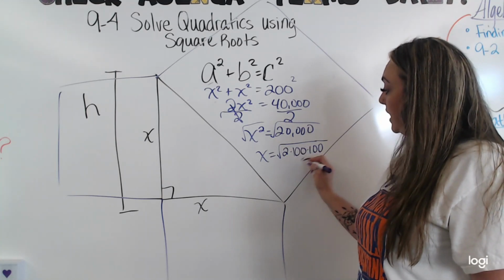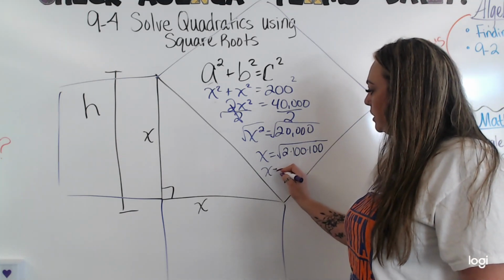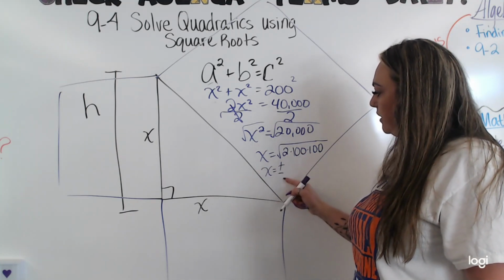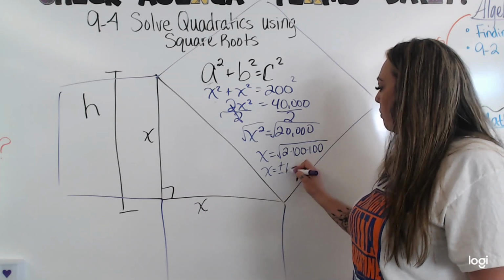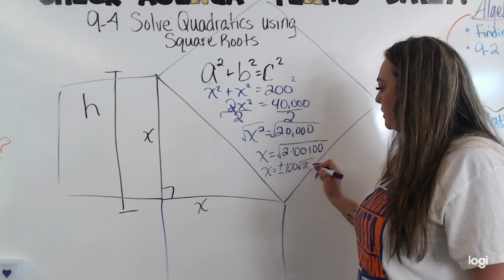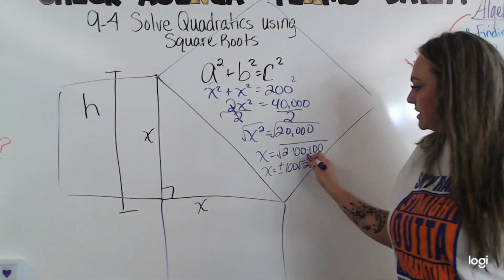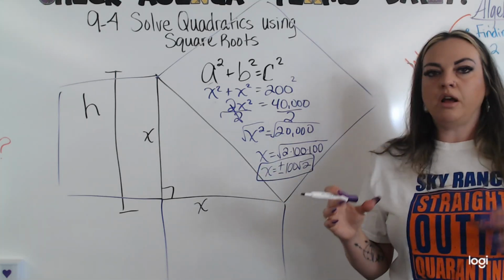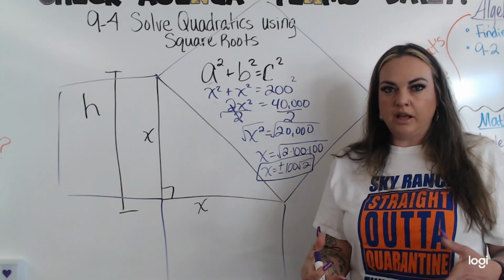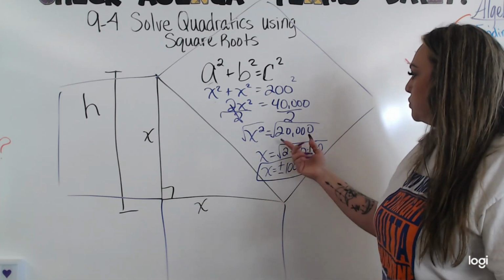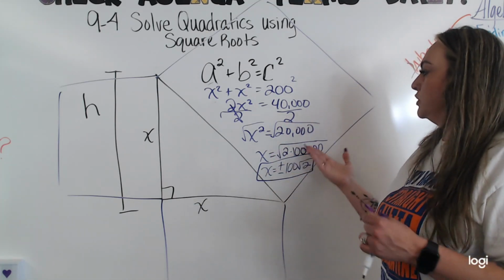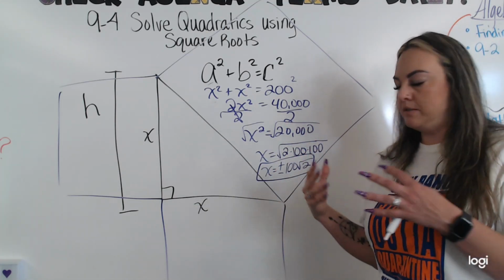So then we can factor one of these hundreds out. So we get the positive or negative, remember to include those, 100 times the square root of 2. This gives us a more accurate answer than just saying square root of 20,000. Or, I mean, this makes a bit more sense.